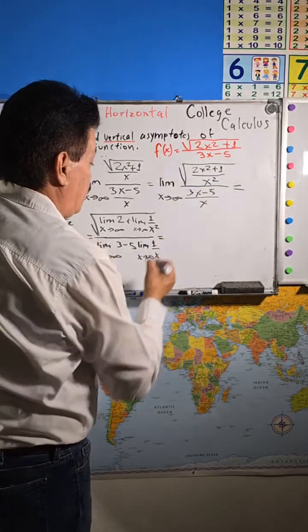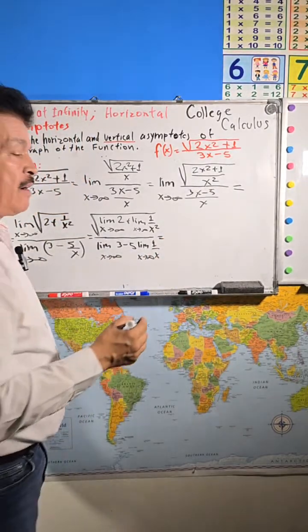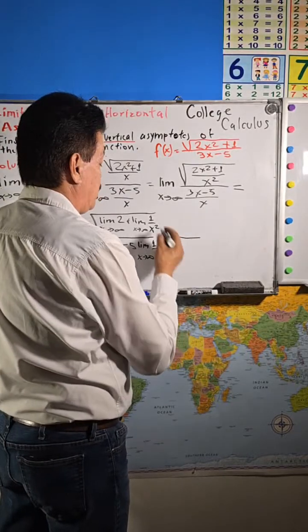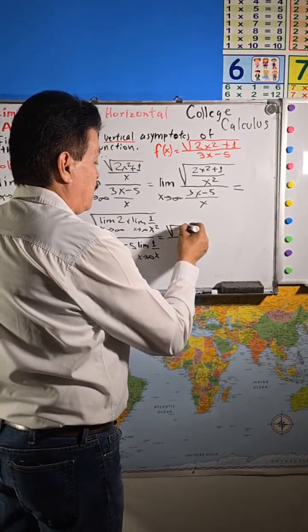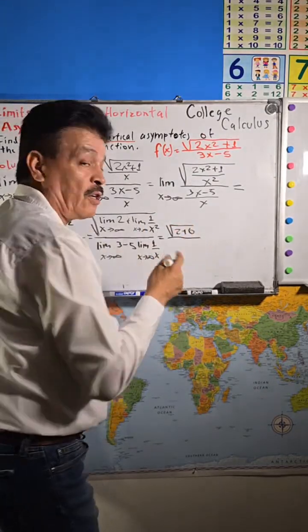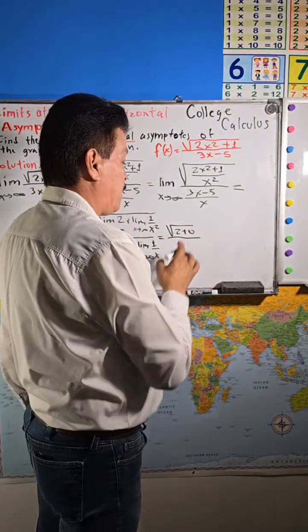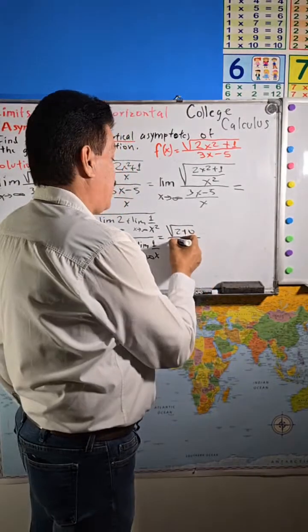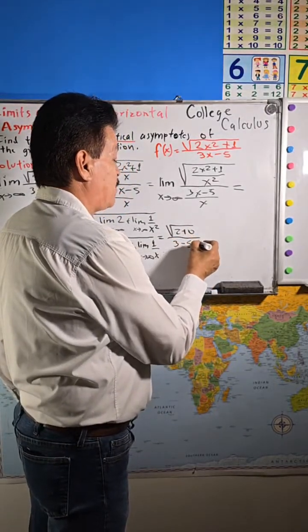Then we are almost finished. Our conclusion: simplifying, it is the square root of 2 plus 0 on top, and on the bottom 3 minus 5 times 0.